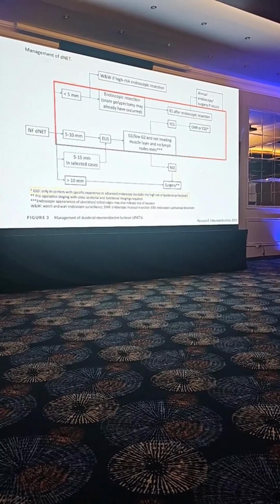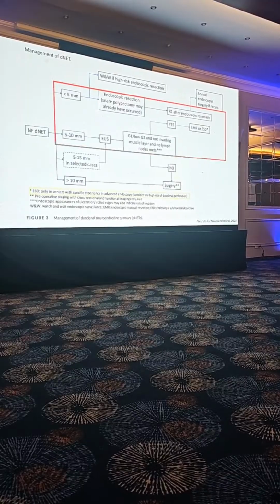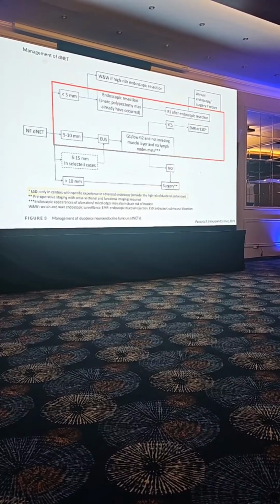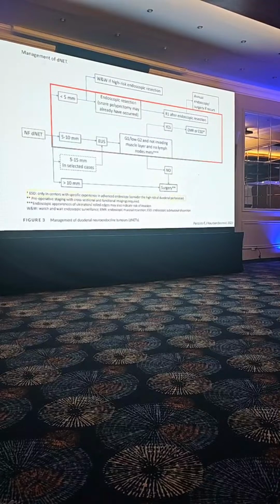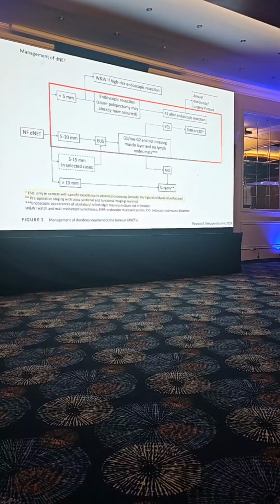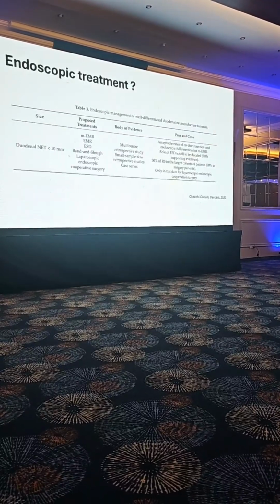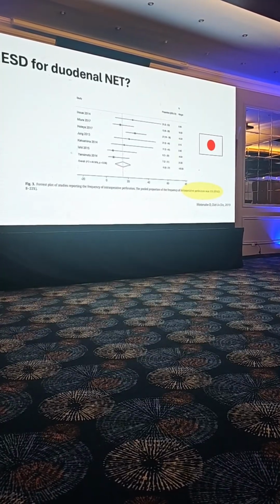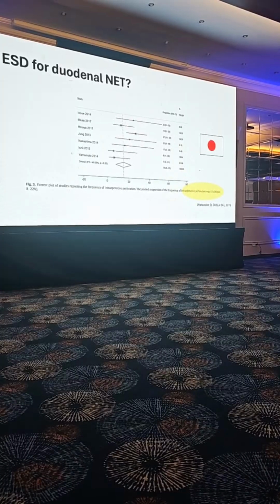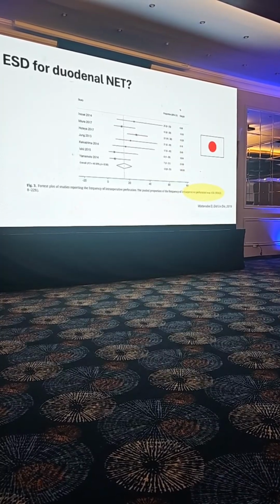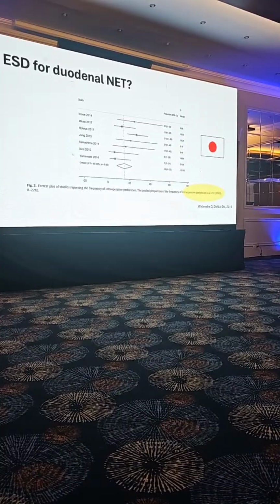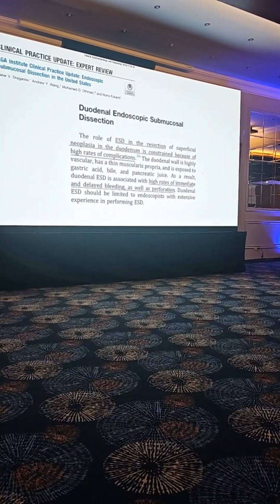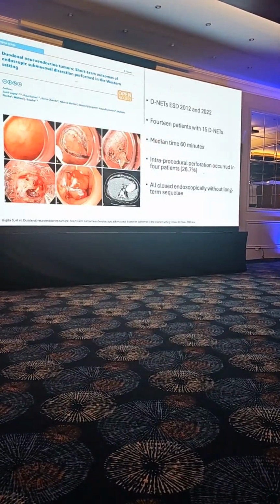I would probably recommend EFTR in these cases. But why not ESD? ESD can be recommended, but in very few hands, because a Japanese meta-analysis showed that there is a 15% risk of perforation. So even in a very expert center, there is a very high risk of perforation. So ESD should be carefully considered.